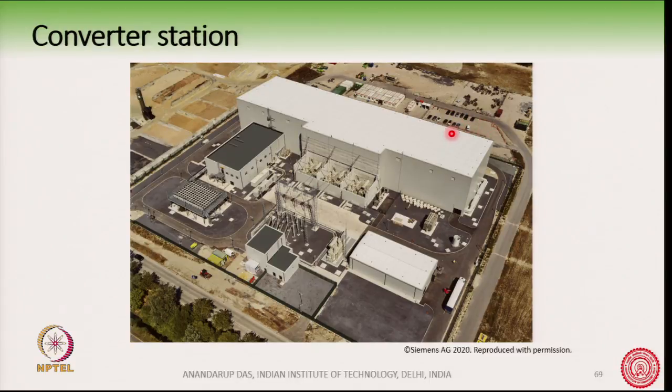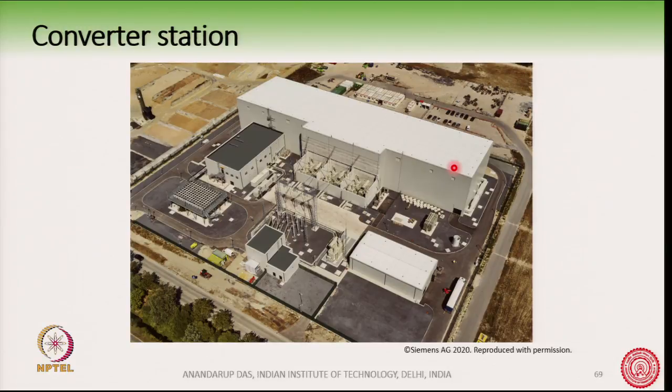So, you can estimate how big this is. This white colored box here is where the converters are located, but additionally you can see there are isolators, a transmission line, and transformers here, after which the cables go inside this white box where the converters are located.